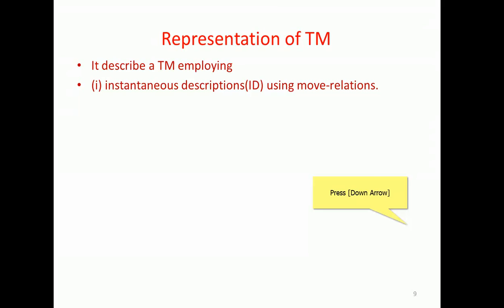One such mechanism is called instantaneous descriptions. Using an ID, you can also depict or enumerate the Turing machine model. A move relation is adopted with the help of the instantaneous descriptions.